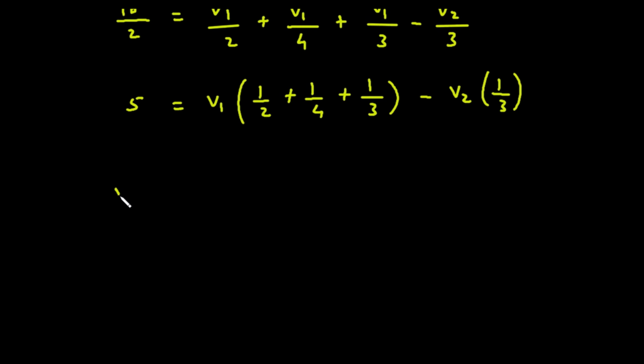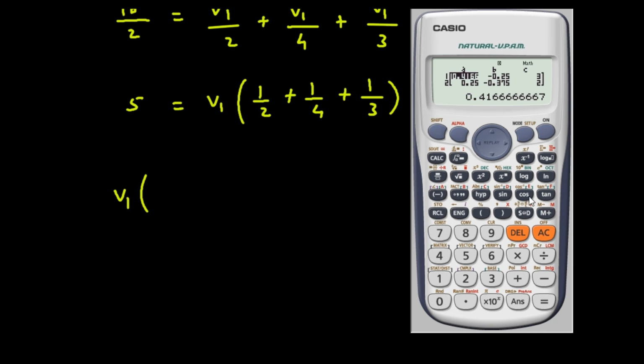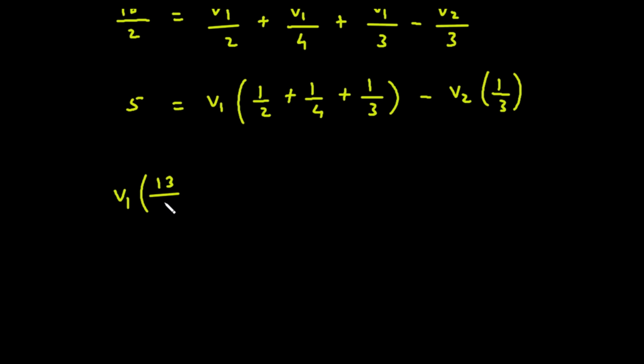So it is 1 by 2 plus 1 by 4 plus 1 by 3. So it is 13 by 12. 13 divided by 12 minus V2 into 1 divided by 3 is equal to this 5 as it is. Now let's assume this as equation number 1.